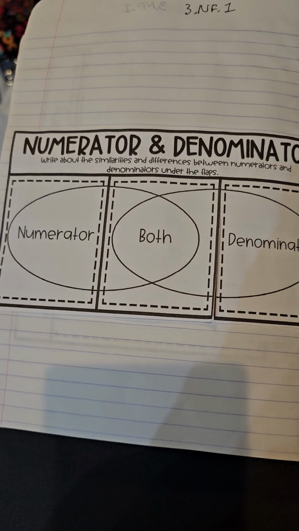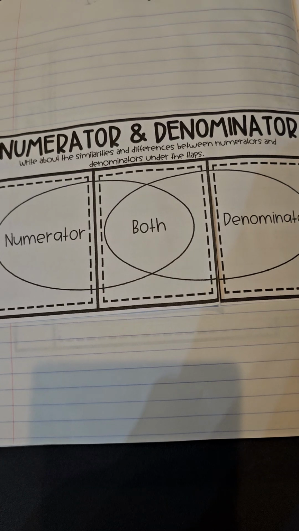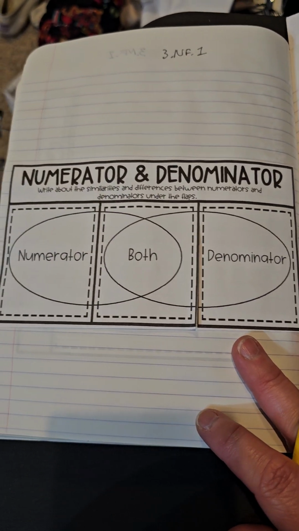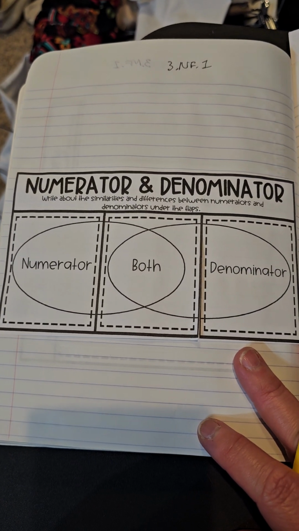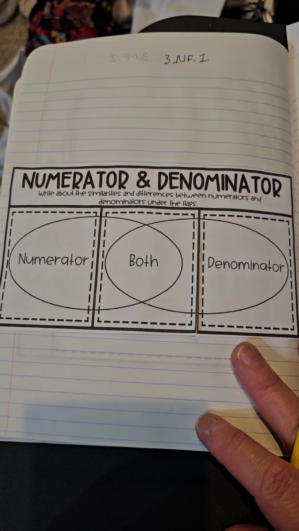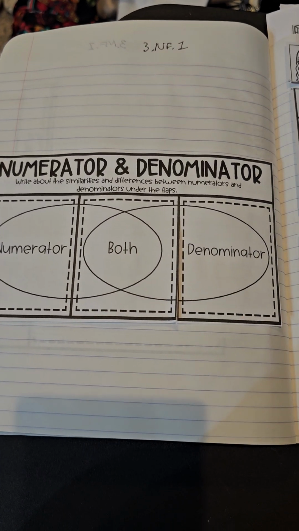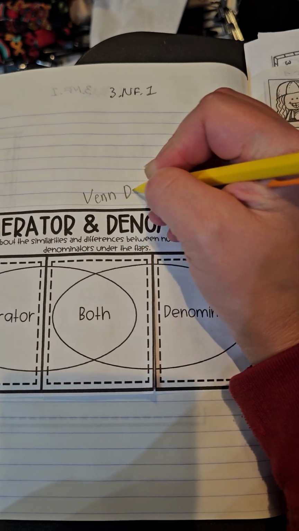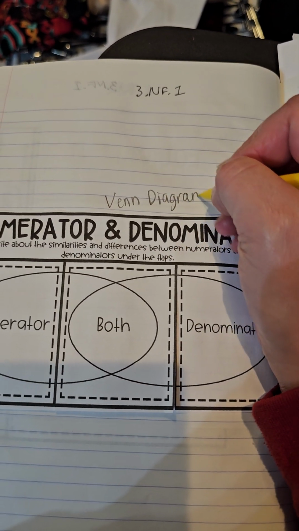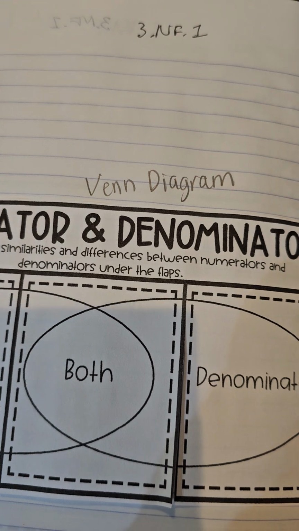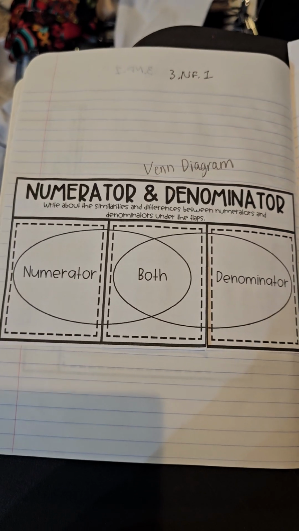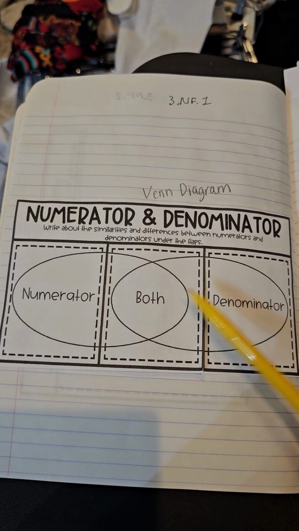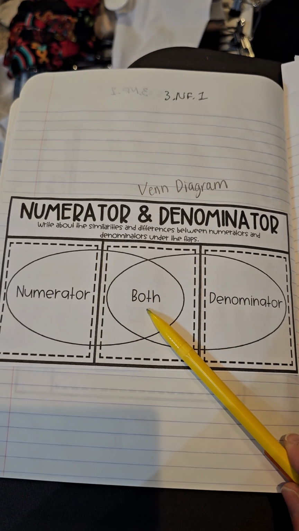Okay, so if you did the definitions and got those done, great. Now it is called numerator and denominator. And it says write about the similarities and differences between numerators and denominators under the flaps. This is called a Venn diagram. I don't know if you've ever heard of a Venn diagram, but this is what a Venn diagram is. It's 2 circles and they overlap each other right here in the center.